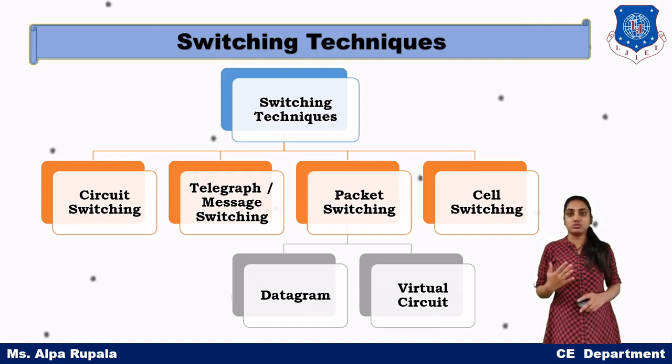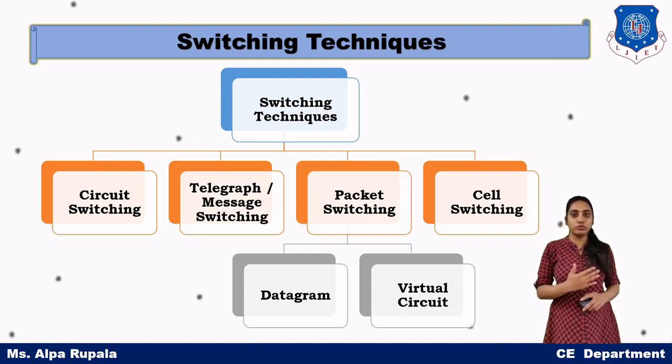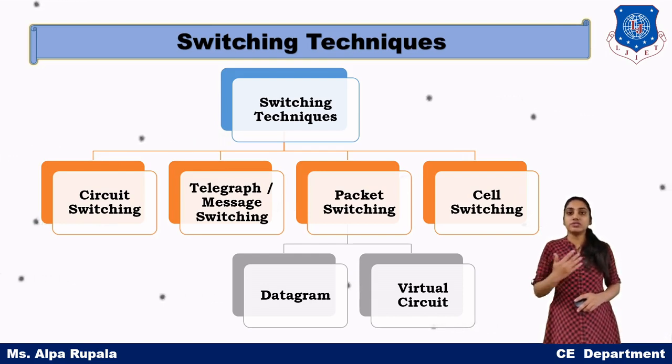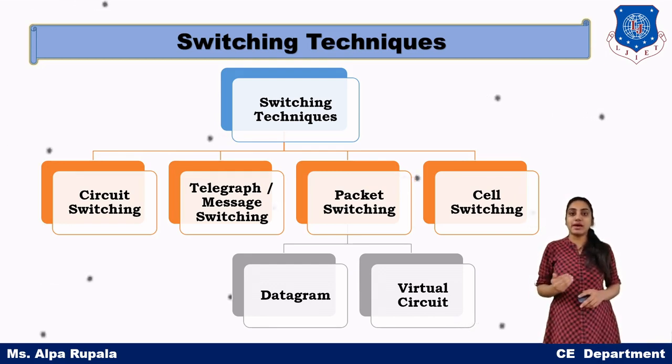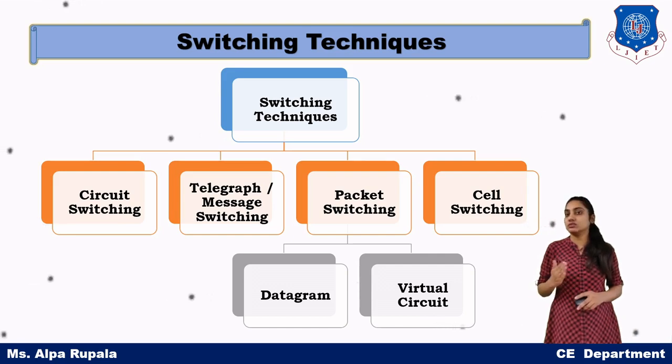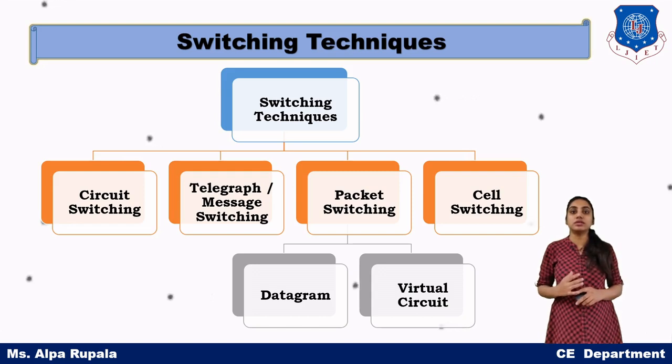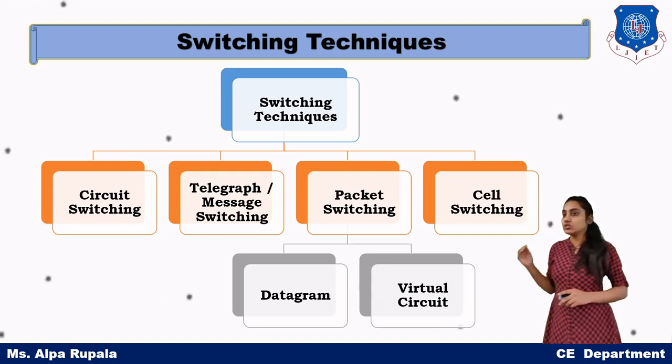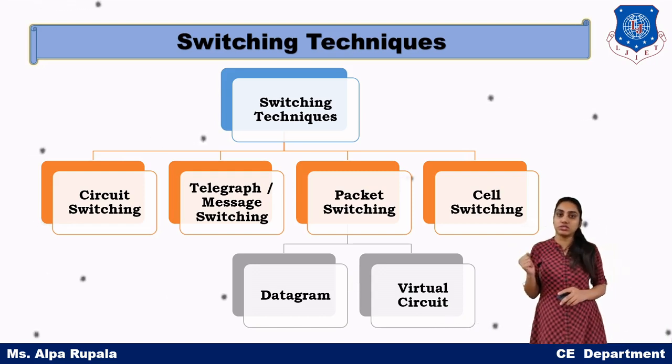Suppose there are route 1, route 2, route 3, route 4 from sender A to receiver B. From these four routes, we need to find out which one is the best or most efficient. This technique of finding the best route from sender to receiver is known as the switching technique.